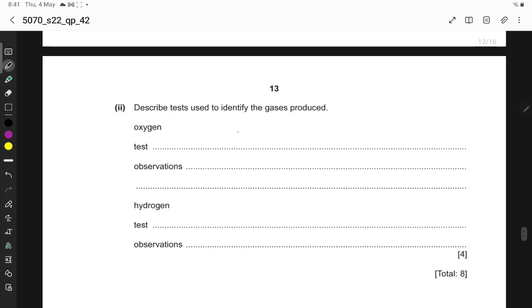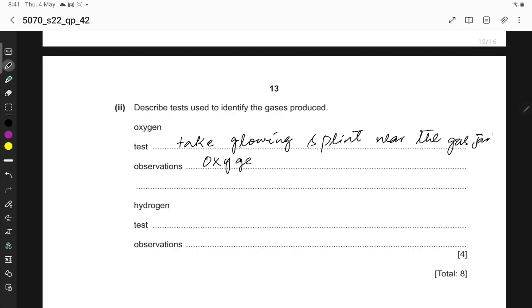Describe the test used to identify the gases produced. Oxygen gas: take a glowing splint near the gas jar. Oxygen relights the glowing splint.